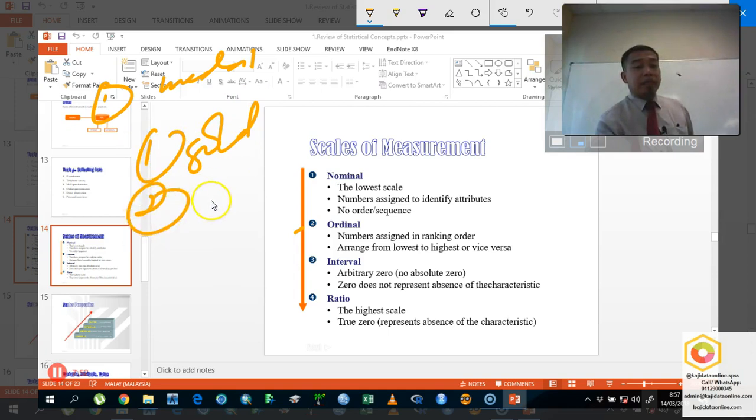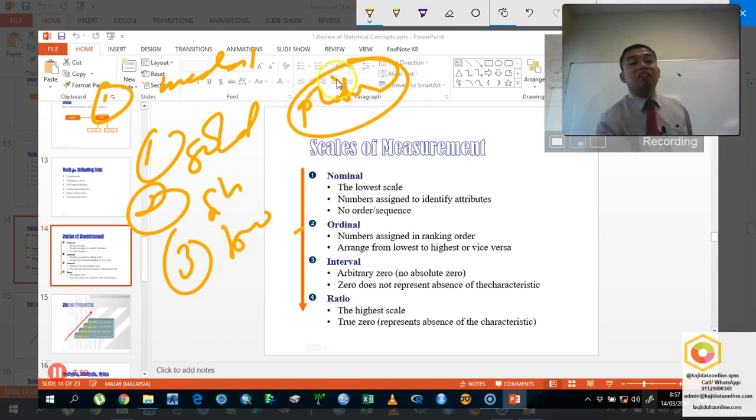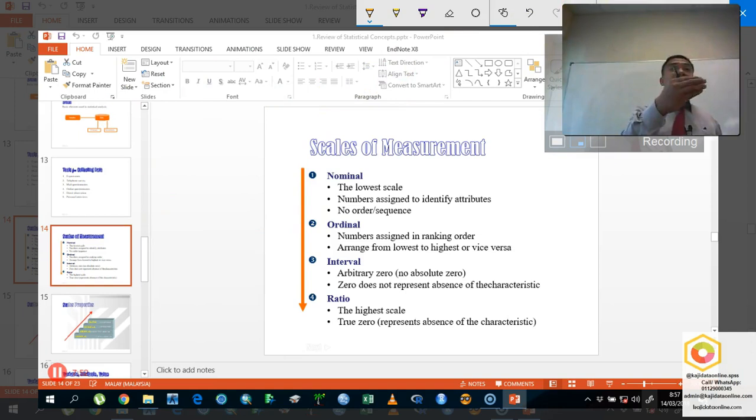The second one will get silver. The third one we got bronze. Okay, so the very good one will get platinum. Platinum is not in the list because this one is given by God. Just joking. So this one has order: gold, silver and bronze. This is the order, and the order gives you some ideas. This is the ordinal scale.